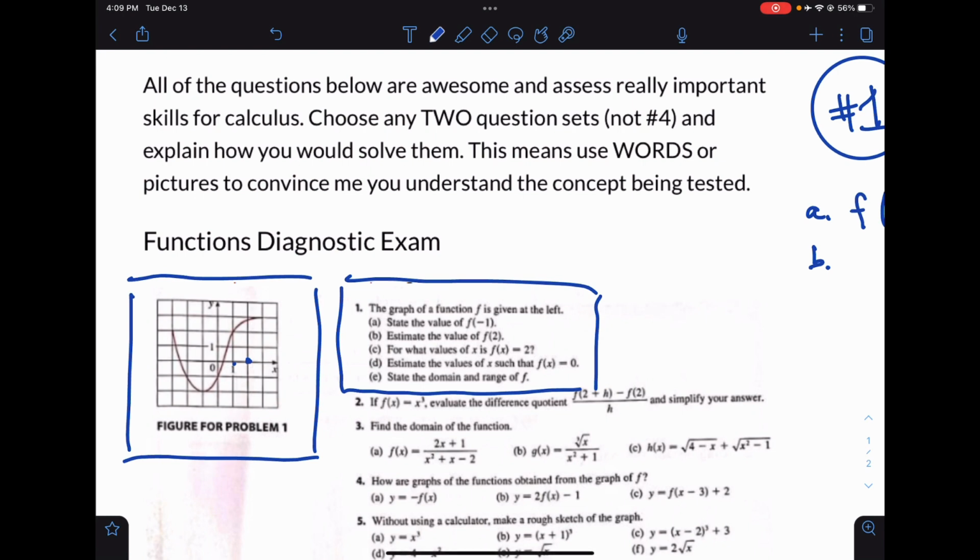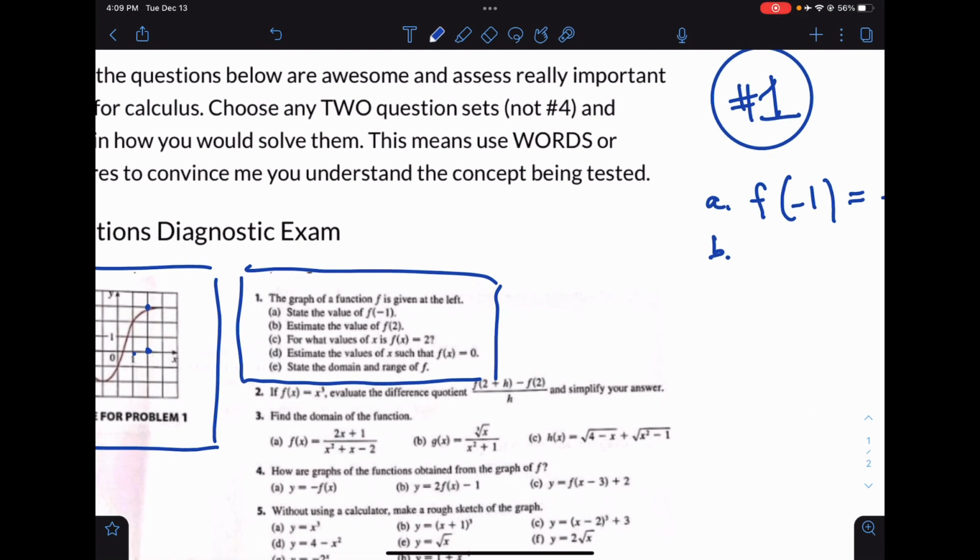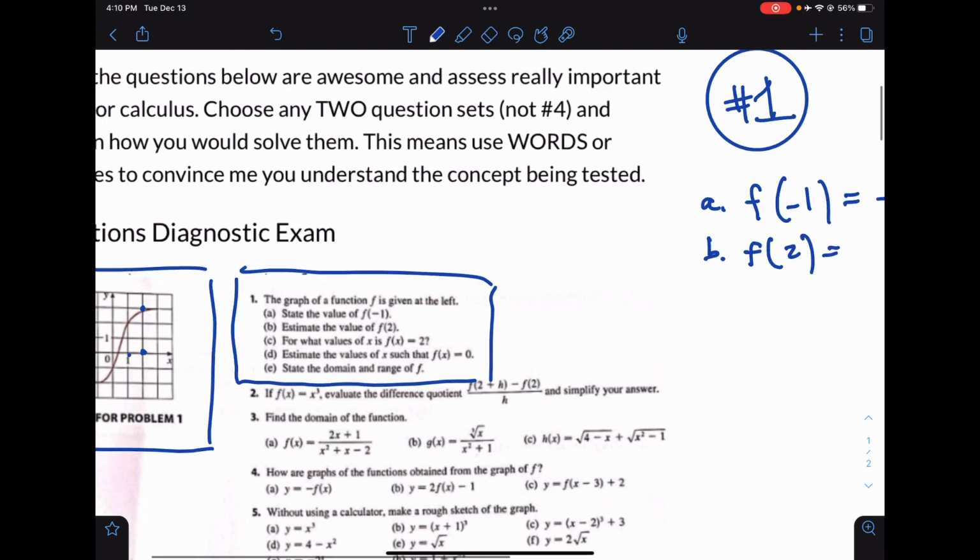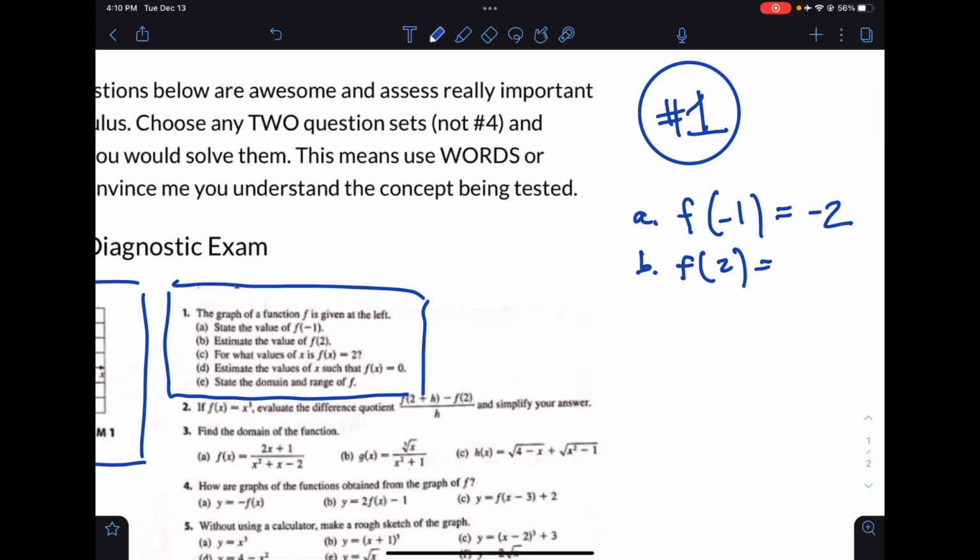We see that y is approximately 3. So f of 2 is equal to approximately 3.